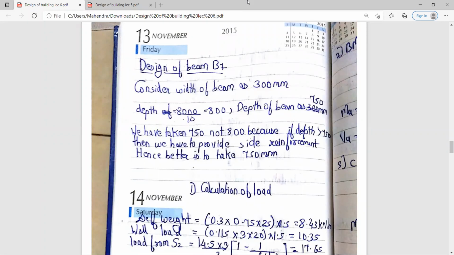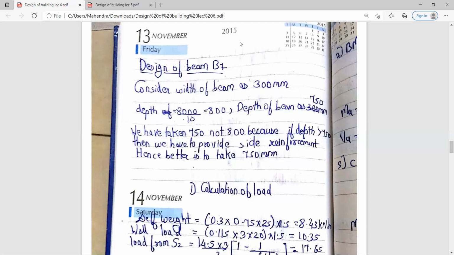Why 750, not 800? Because if depth is greater than 750, then we have to provide the side reinforcement also. Means if we provide side reinforcement, we will have to do more calculations and we need additional reinforcement. So that's why we reduce the depth, so that we don't need to provide the side reinforcement.